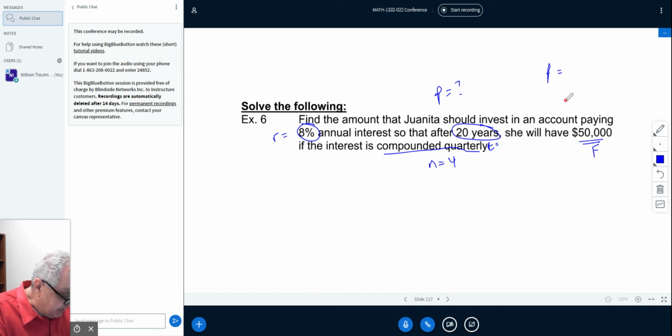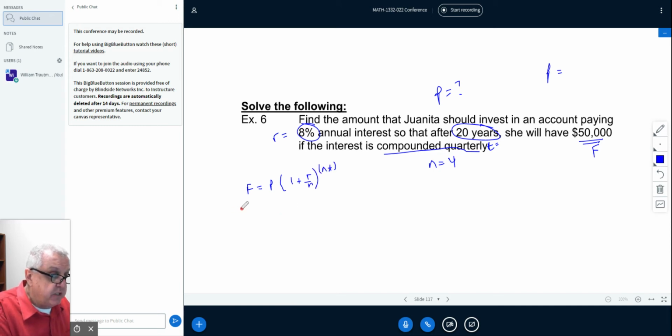This one doesn't look like it has a P. It has annuities for future withdrawals, but no, we're looking at compound interest. And the formula that we're looking at is future value equals present value times one plus R over N to the NT.